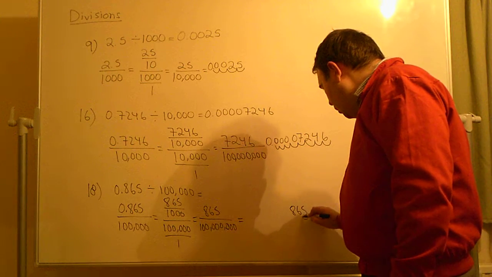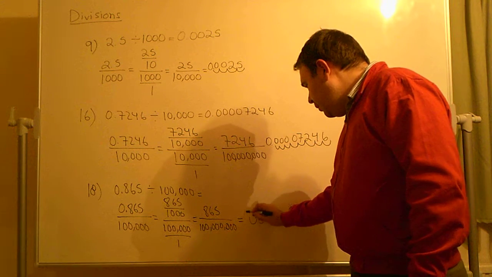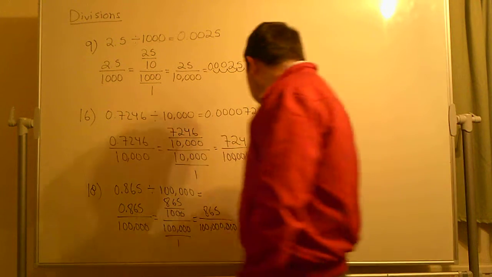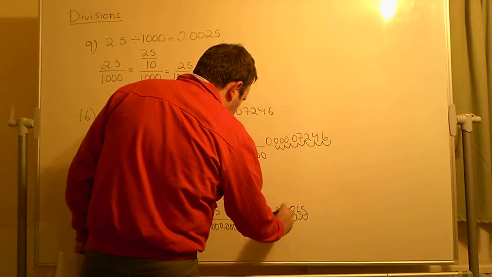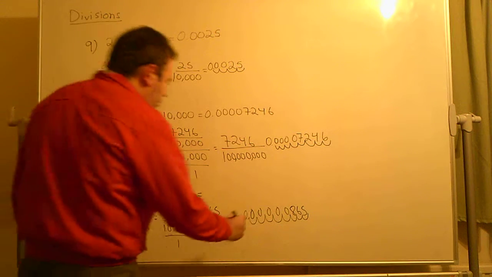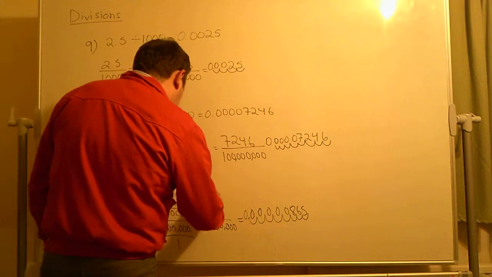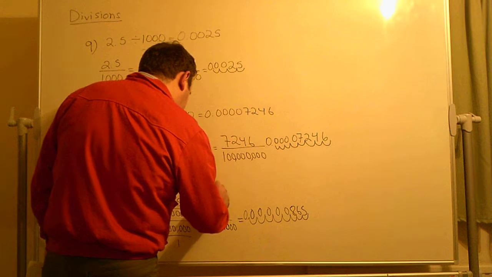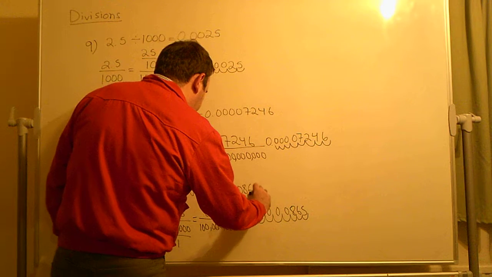So it will be 1, 2, 3, 4, 5, 6, 7, 8. So the final result will be 0.00000865.